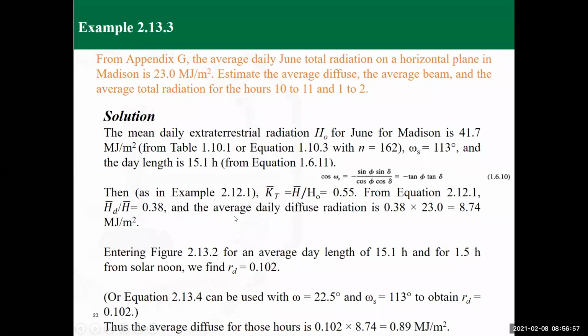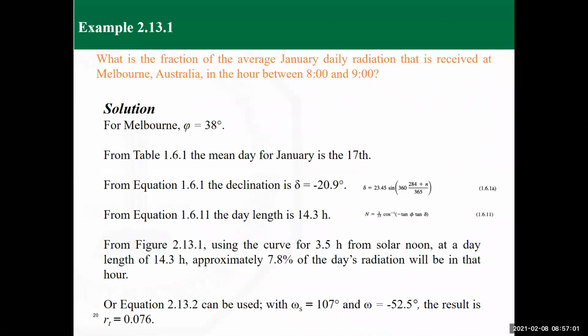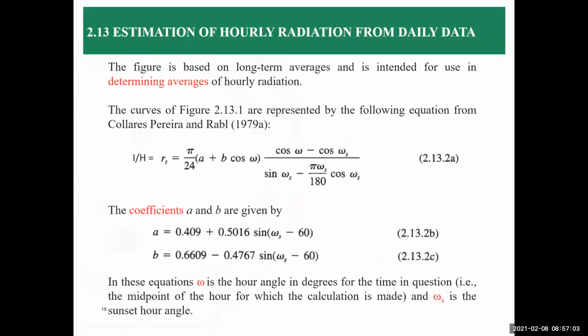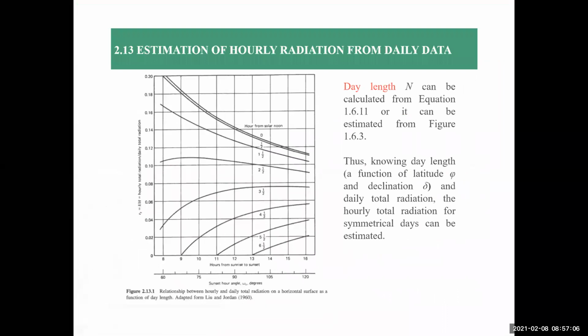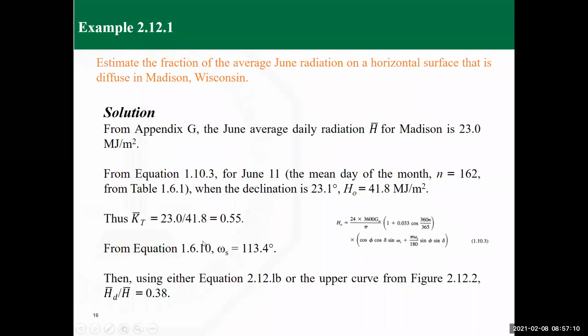As we did in example 12.1, let me get the example quickly to you so that you can remember how this value has been obtained. Yes, here it is. So we're talking about again Wisconsin-Madison using the equation of H naught. This is the one I mentioned.